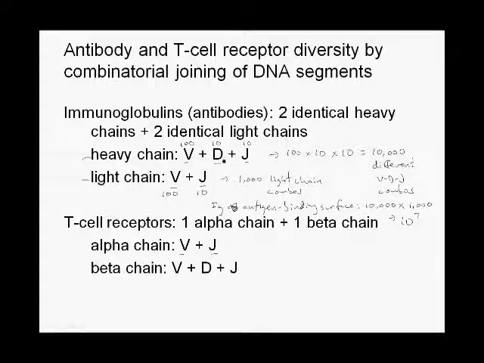When a V segment joins with a D segment, it can happen in any reading frame, and then random nucleotides can be subtracted or added at the junctions. So because of all of these, we have an almost unlimited number of different possibilities in terms of antigen receptors.